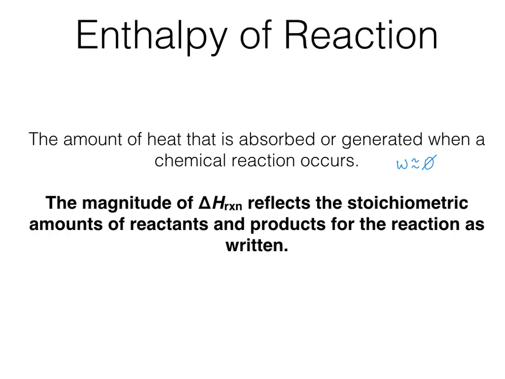Now, the key with delta H of reaction, so the enthalpy of a reaction, is that it reflects the stoichiometric amount of reactants and products for the reaction as is written. Okay, so we're going to talk about what that means. But the stoichiometry of the reaction is going to be very important when we start thinking about this enthalpy of reaction.